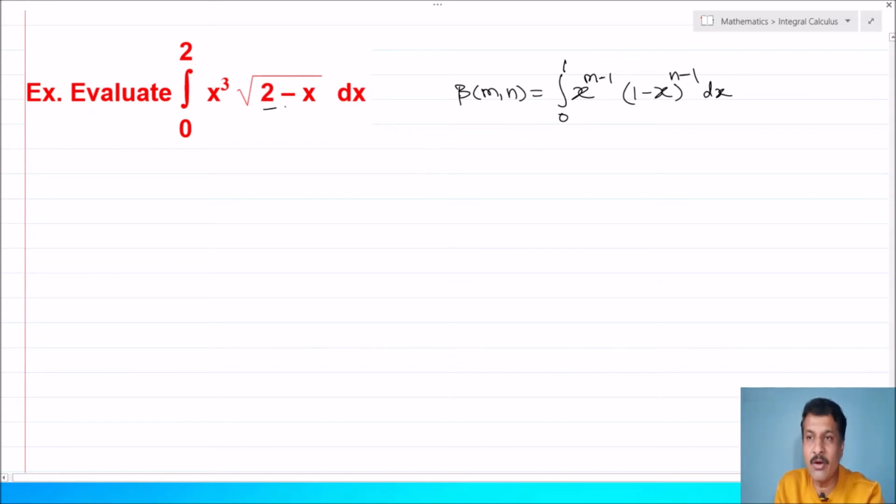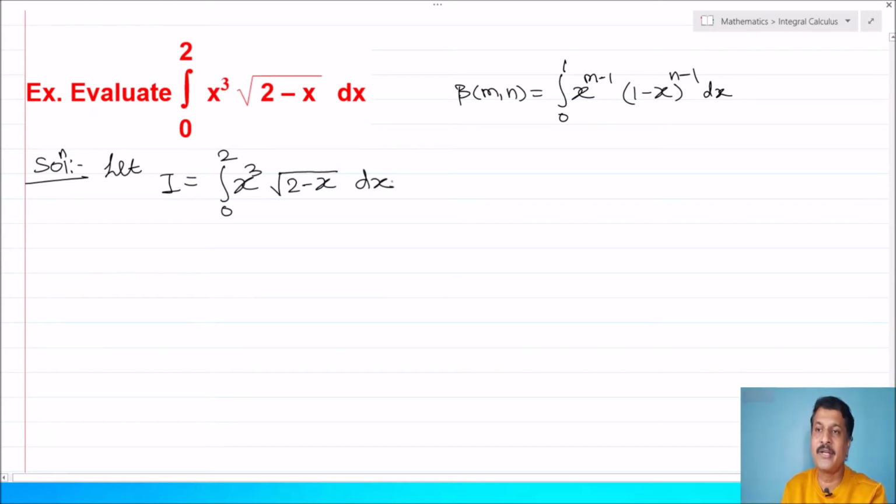Here I want 1 minus x, so you have to substitute such that I get 1 minus a new variable t. What is the solution? Let I equal to the integral from 0 to 2 of x cubed into under root of 2 minus x dx.